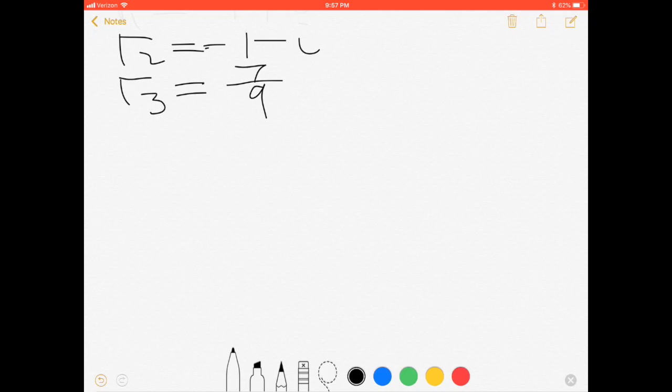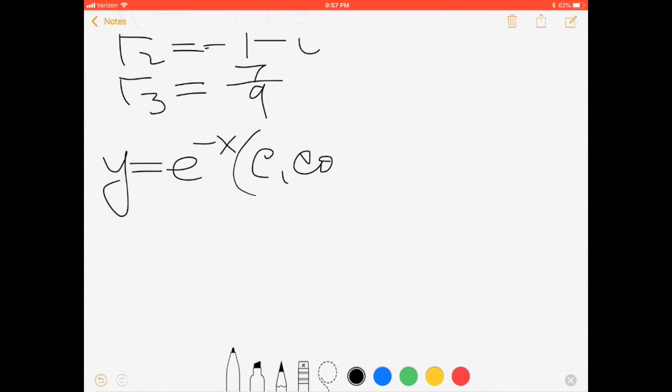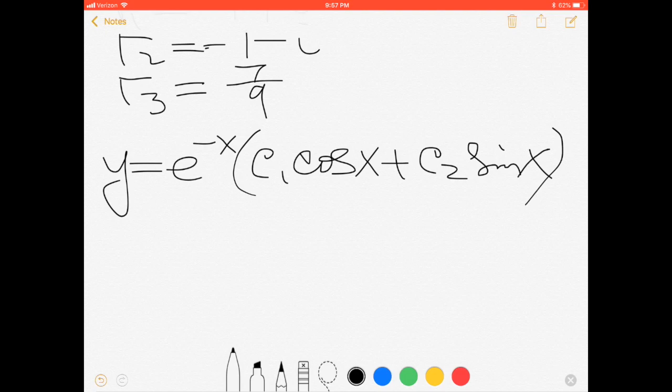And now we can write our general solution. It will be e to the minus x power times c1 cosine x plus c2 sine x, plus c3 e to the 7/9 power x.